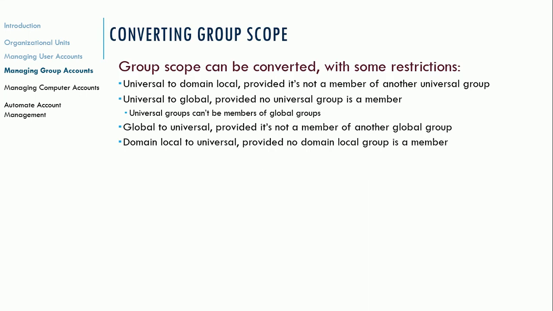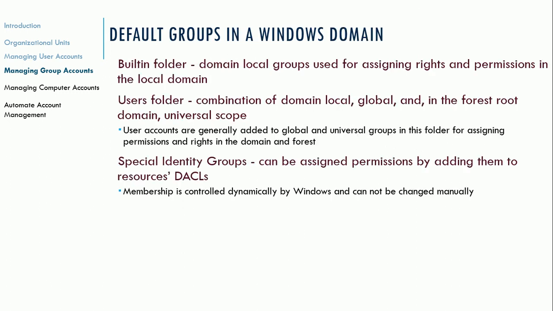So you can convert a group scope. In other words, you can take a universal group and convert it to a domain local, or likewise universal to a global, and so forth. So you convert these different types of groups back and forth, or these different scopes for groups.